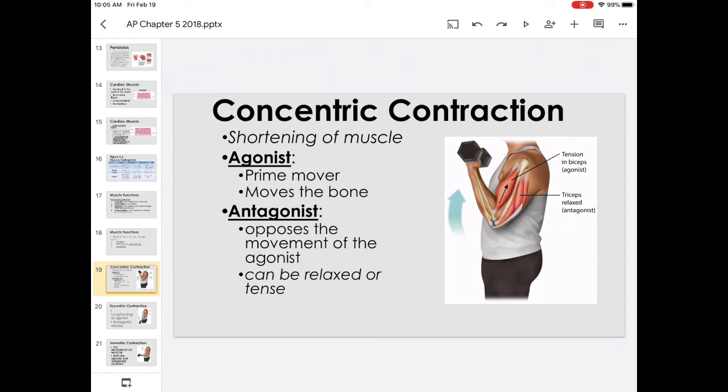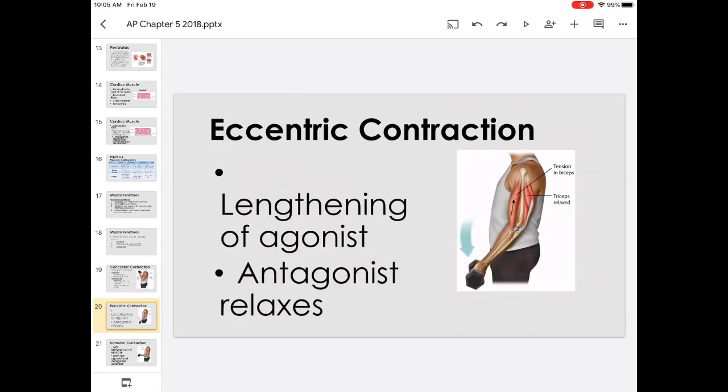While your agonist is being flexed, and is the prime movement that you're focusing on, your antagonist is going to be relaxing, and it's not going to be as tense. Or it can also tense up with the agonist if you're working that muscle as well, or moving the opposite of your agonist.